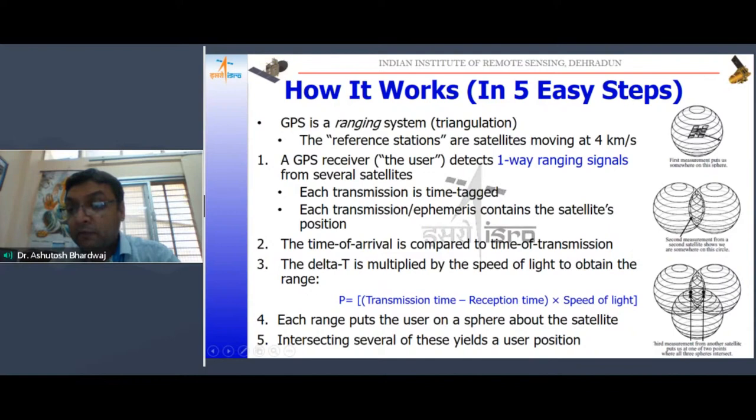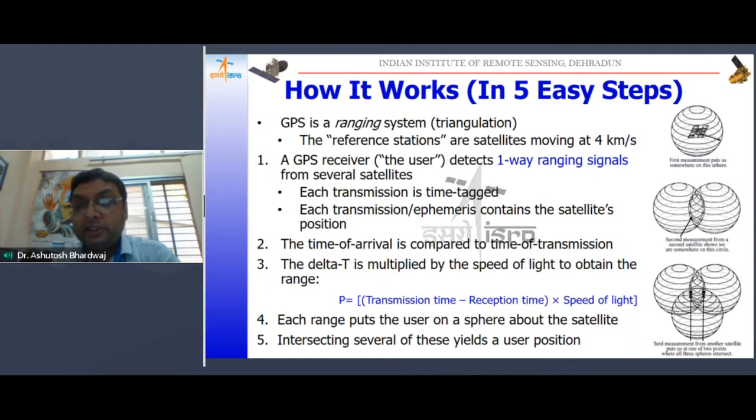When three spheres intersect, how have we created these three spheres? With the help of the three satellites and the three pseudo ranges. Pseudo range is the distance between the satellite and the receiver, computed by the formula C delta T. T1 is known from the signal, because it is embedded in the signal when it starts from the satellite.